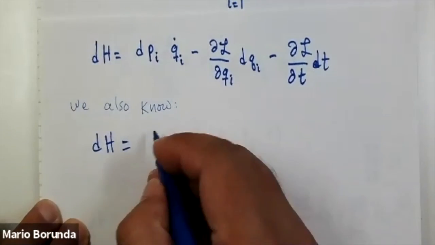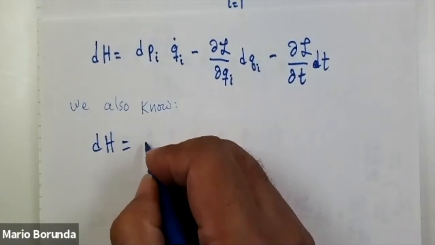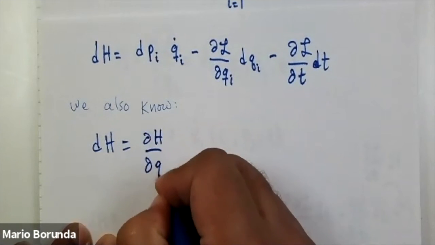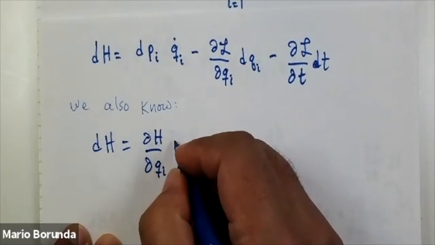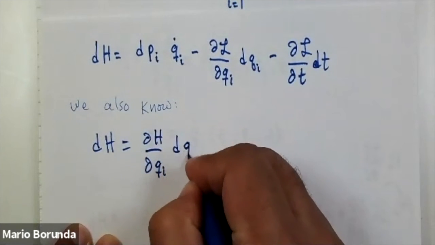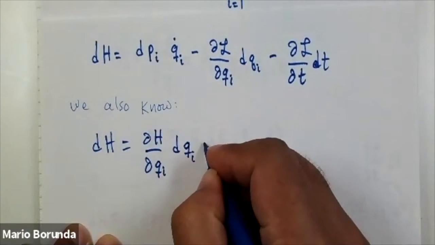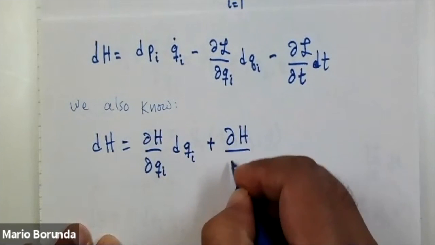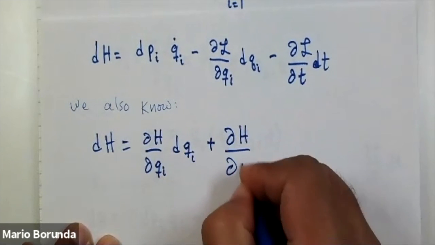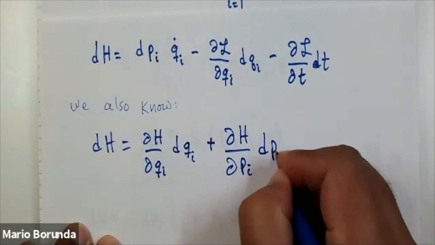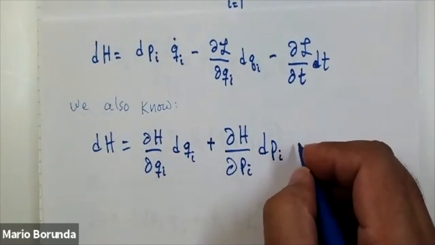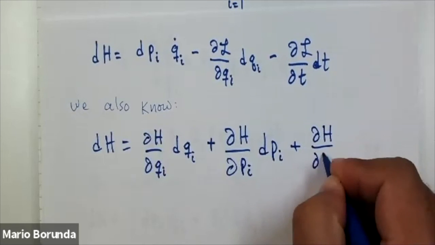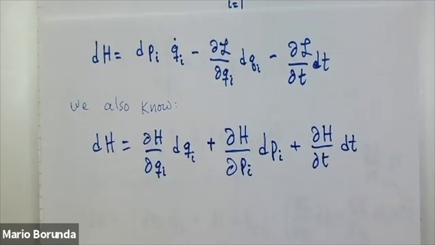Therefore I can rewrite it as the partial h with respect to q, derivatives of q's, plus the partial of h with respect to p's, derivatives of p's, plus the partial of h with respect to time, derivative of time.